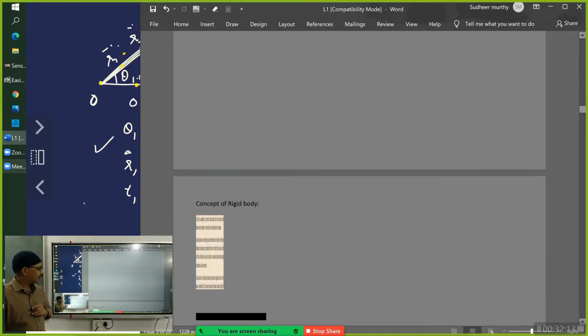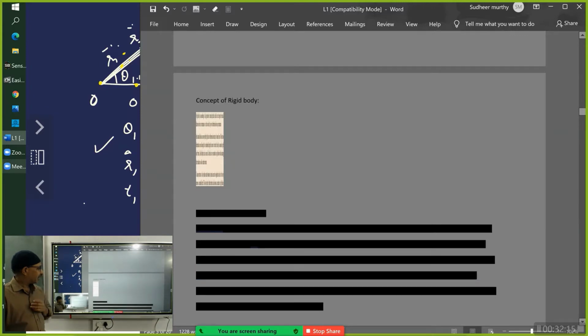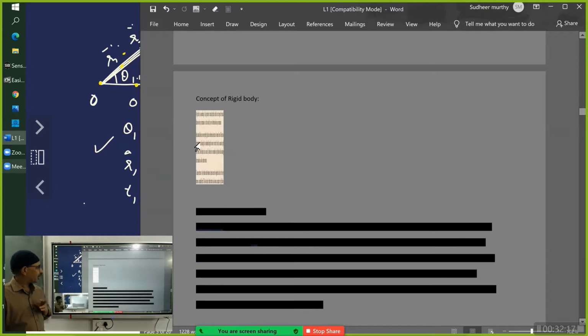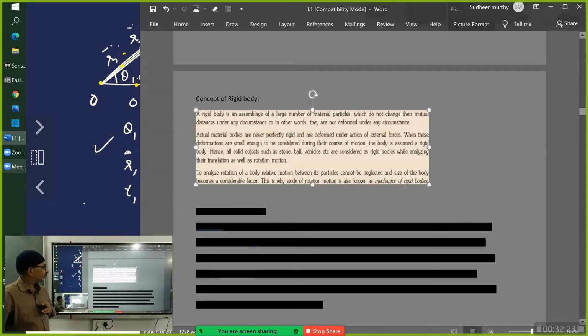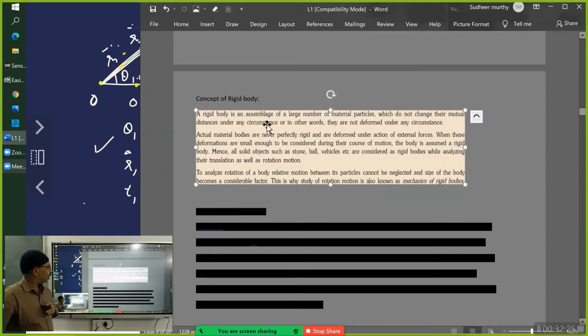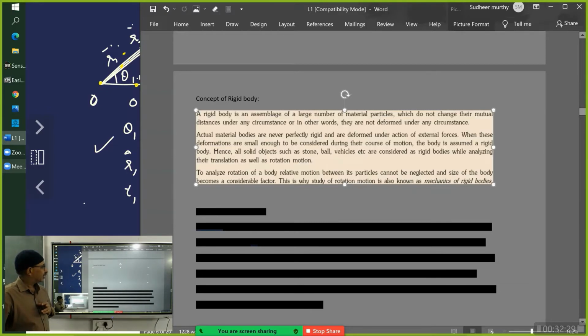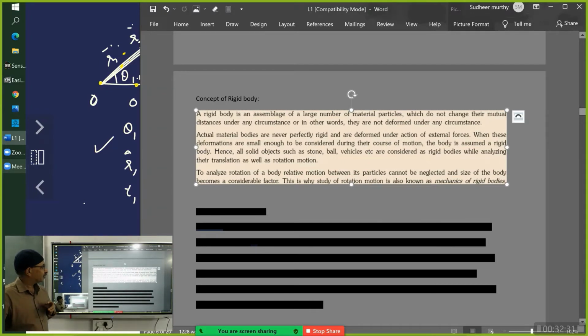I already explained the concept of rigid body to all of you. So just for the sake of brevity, a rigid body is an assemblage of a large number of particles, material particles to be very specific, which do not change their mutual distances under any circumstance, or in other words, they are not deformed under any circumstance.